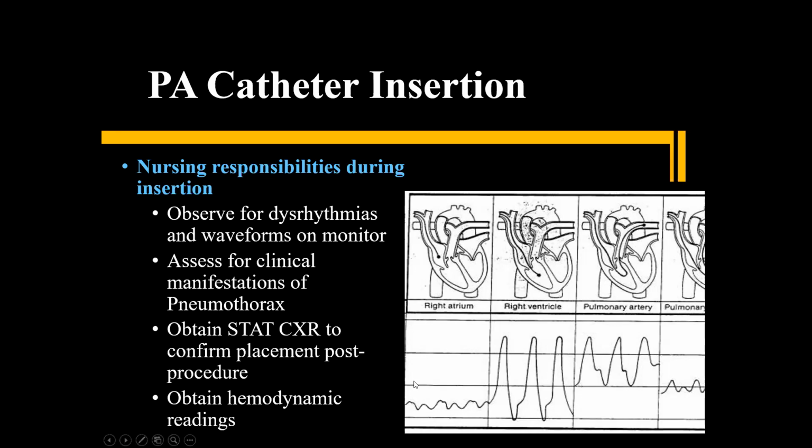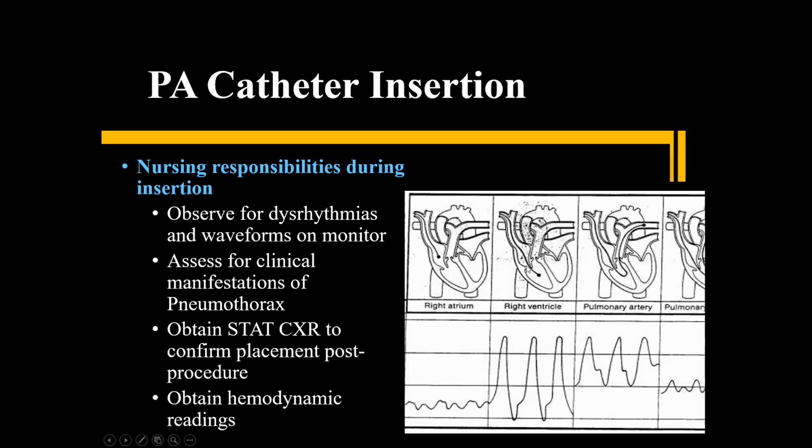And I say, hey, doc, I see a right atrial waveform. He knows once this waveform shows up, he'll inflate the balloon, because inflating the balloon on insertion helps the catheter float forward. So I say, oh, I see a right atrial pressure.